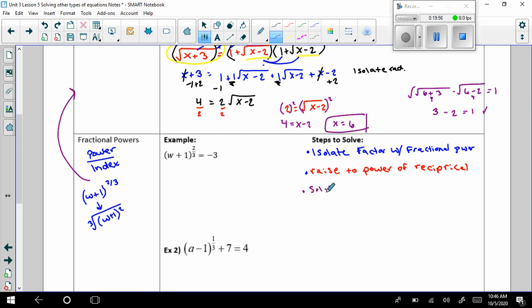So this one doesn't need anything isolated. It's already got this isolated. So we're just going to take w plus 1 to the 2/3, and we're going to raise it to the 3/2, because when I multiply something by its reciprocal, that just means that it's 1.